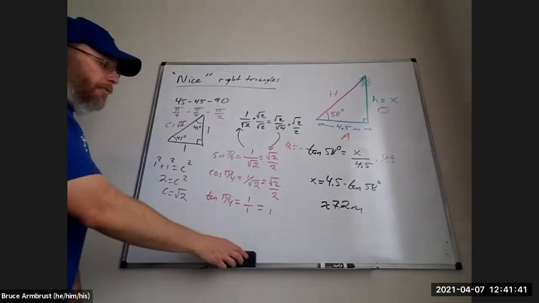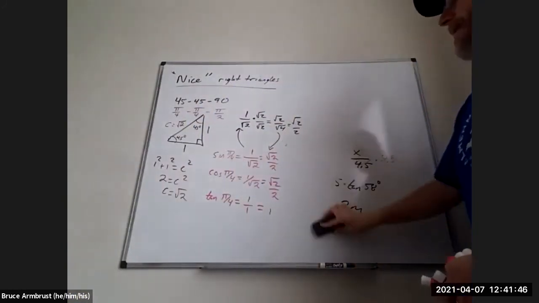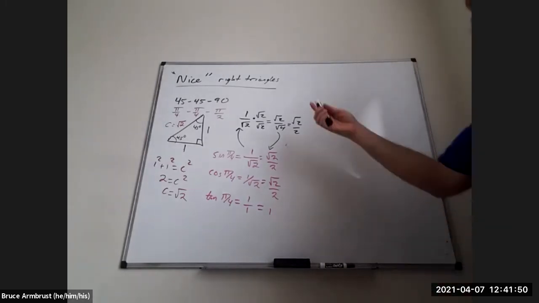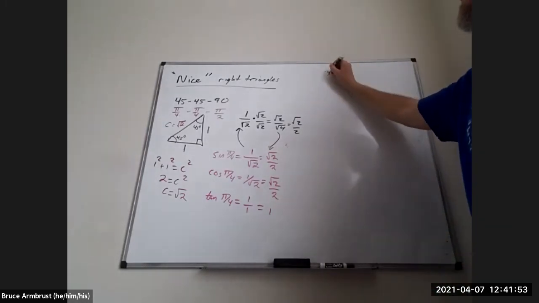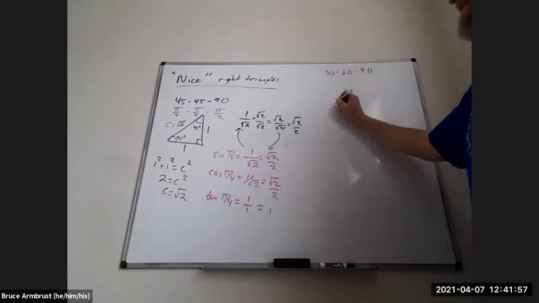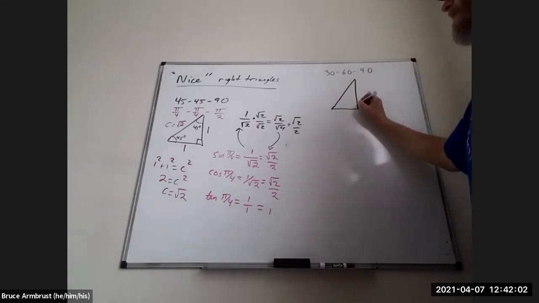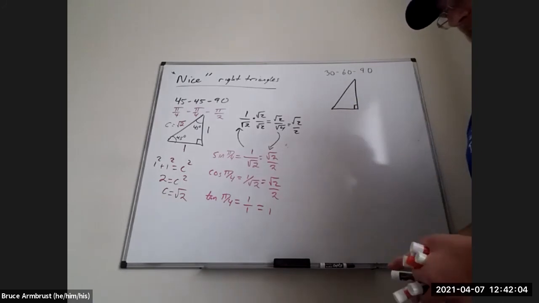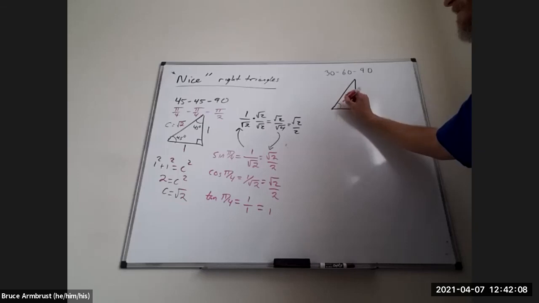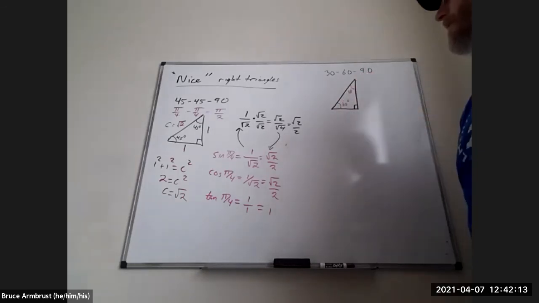All right, so there's your 45, 45, 90. Now, the other big triangle is a 30, 60, 90. And the 30, 60, 90, kind of similar deal here. But it looks like this, where the angles are 60 degrees and 30 degrees.